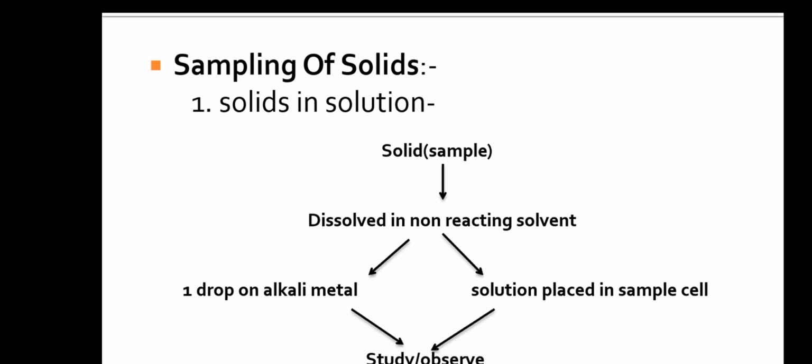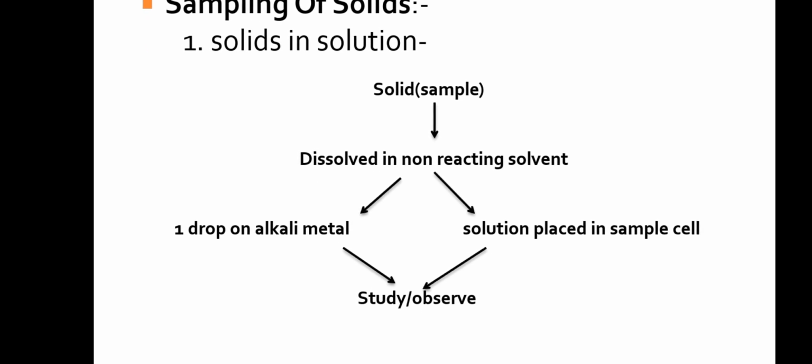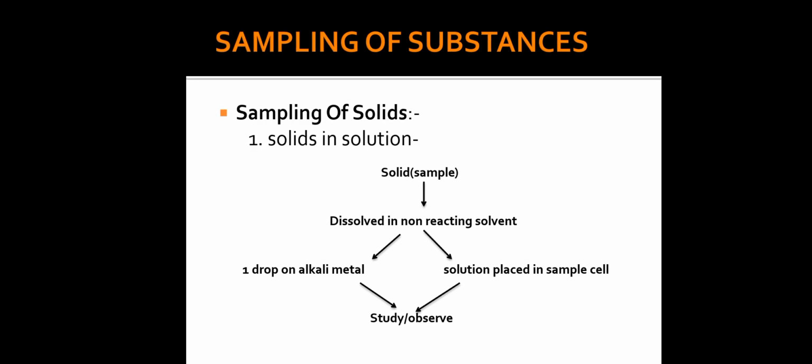First of all, the solid sample is ground thoroughly, and it is dissolved in a non-reacting solvent, and it is then made into two parts. In the first part, one drop of the solution is put on the alkali metal, and the other half of the solution is placed in the sample cell made up of KCl or KBr or NaCl, which is alkali metal, and then the sample is studied or observed.